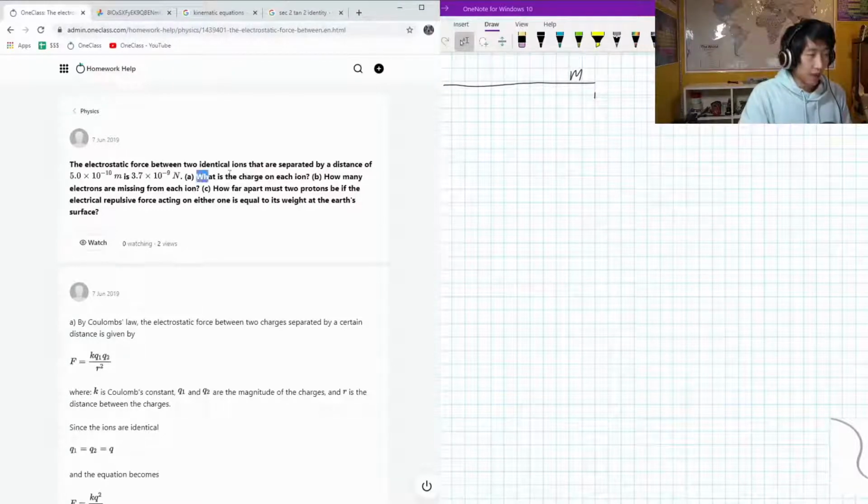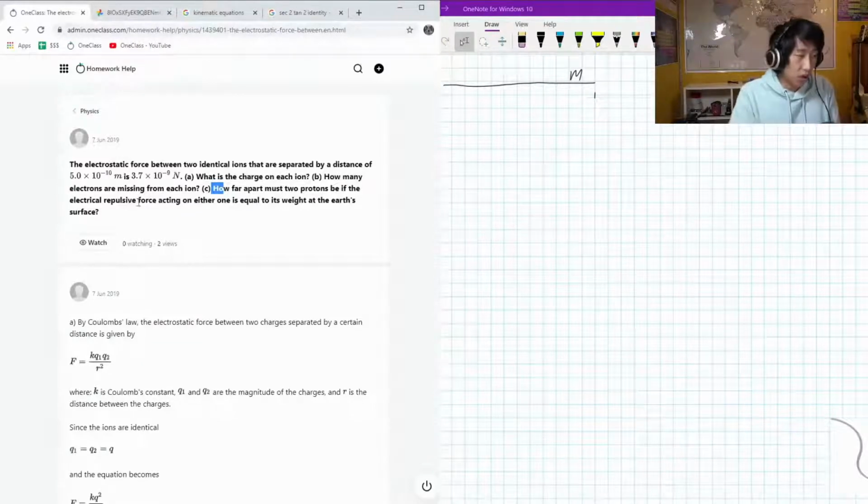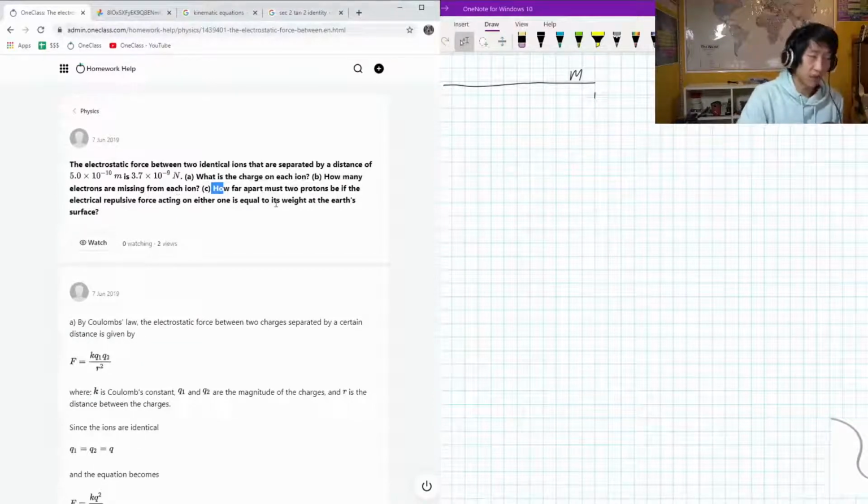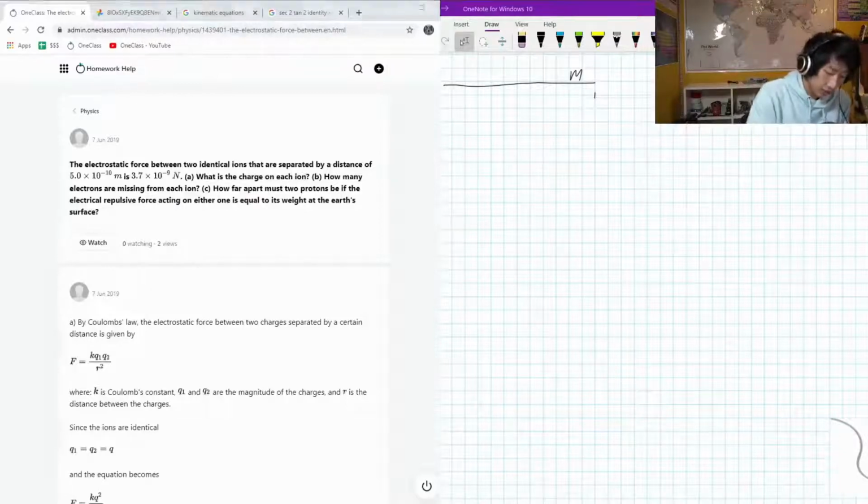Now we have to find out what is the charge of each ion, how many electrons are missing from each ion, and how far apart must two protons be so that their electrical force, their repulsive force, is equivalent to gravity on Earth's surface. Okay, so let's handle this question one point at a time.